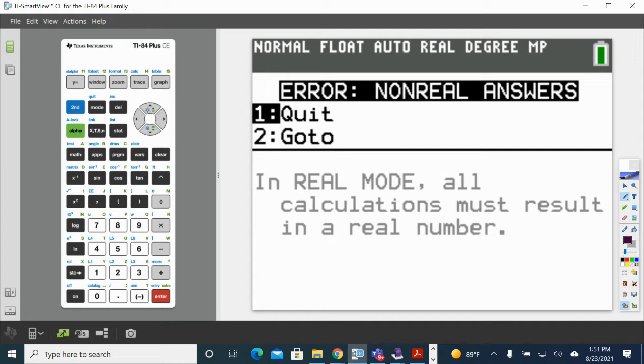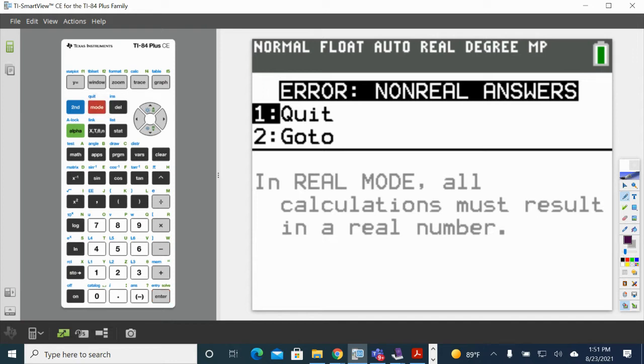In Algebra 1, when you were trying to solve quadratic equations and the discriminant was negative, your teacher told you that there were no solutions.